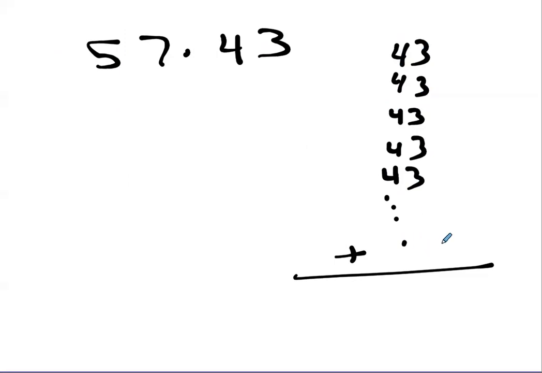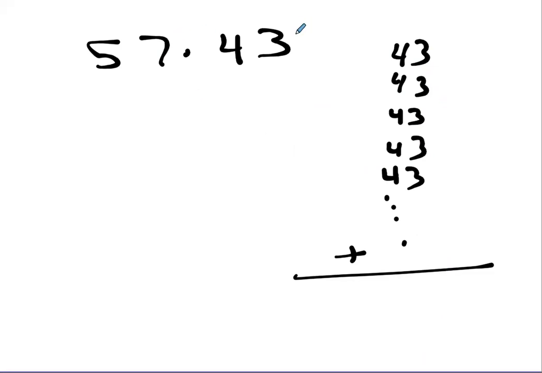And it's a pain to have to add, okay, 3 plus 3 is 6, plus 3 is 9, plus 3 is 12, plus 3 is 15, and count up 57 threes, and then have to write the number and carry. So we have an algorithm for multiplying this that's based off of at least remembering your single digit multiplications.